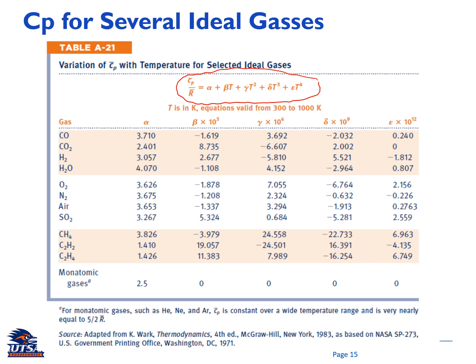So in here you see Cp over universal gas constant equal to alpha plus beta times T plus gamma times T squared plus delta times T cubed, and so on. And alpha, beta, gamma, delta, and so on here are shown in table A21.